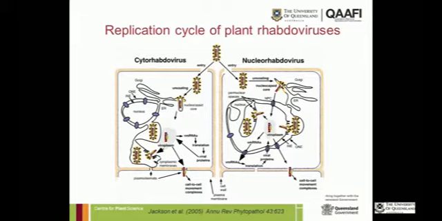In order for the mRNAs to be translated, they have to be transported back out into the cytoplasm, and then the proteins have to be re-imported into the nucleus in order to produce the virus particles. So there's a lot of interactions going on in and around the nucleus for the replication of this group of viruses.